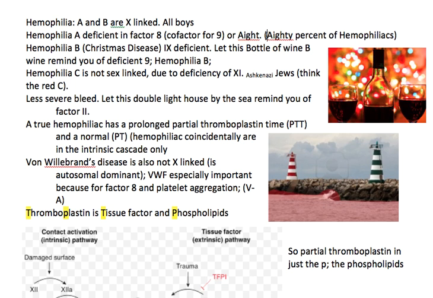And a little aside that you may care to remember is 80% of hemophiliacs are deficient in factor 8, that is, they are hemophilia A. So if you're a betting person and someone tells you that they're a hemophiliac, you might say, I bet you I could guess which hemophilia you have, and you would of course say they have hemophilia A as a guess, and you would have an 80% chance, especially maybe higher if they're a male, that they are in fact a hemophilia A. So hemophilia A is the most common hemophilia.